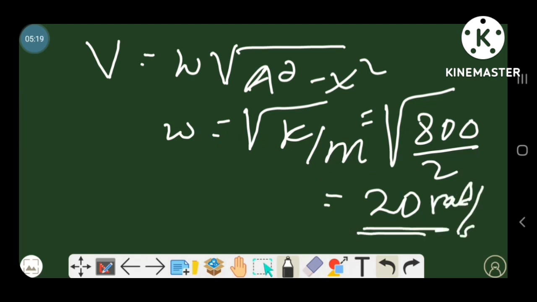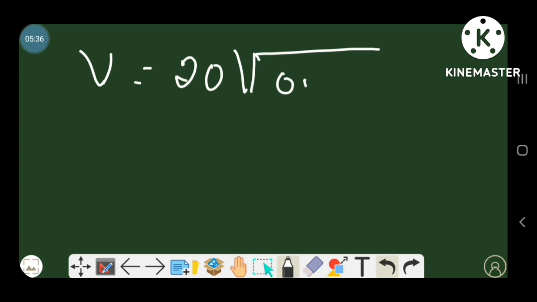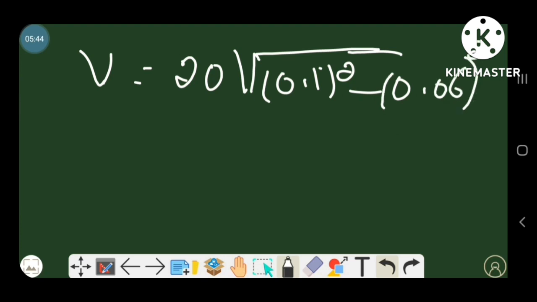Then when we substitute, A is given and x is also given. So v at that instant equals omega, already given as 20, times the root of the amplitude 0.1 squared minus 0.06 squared.